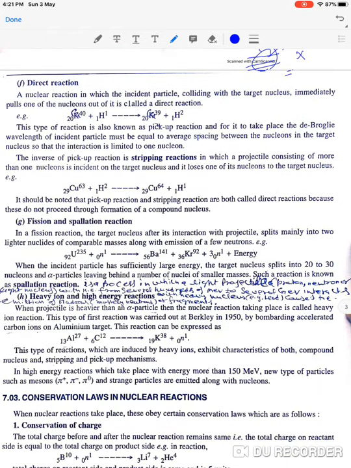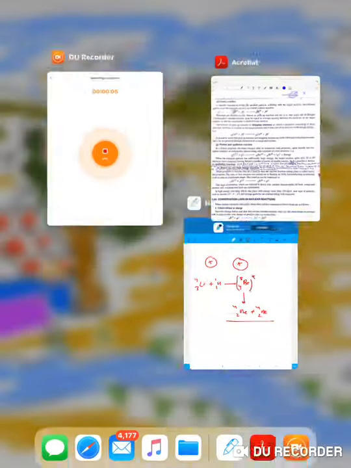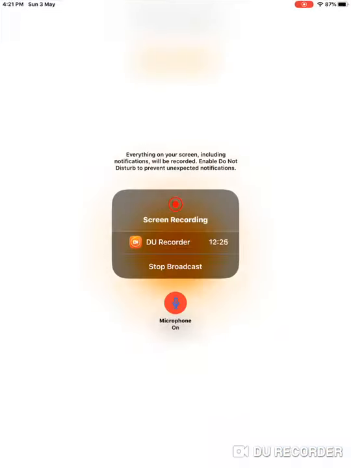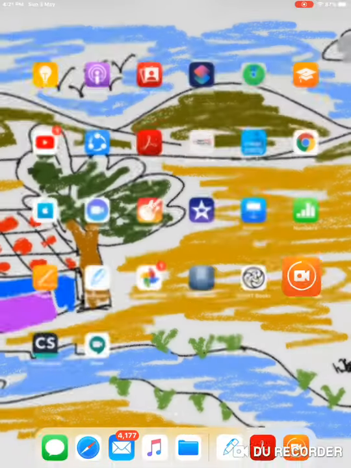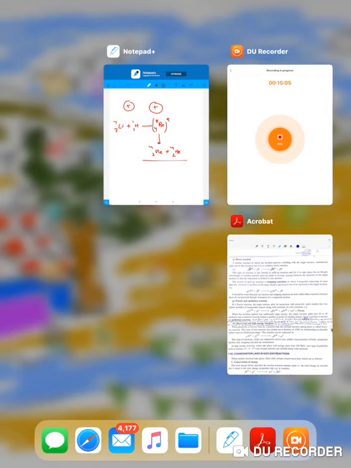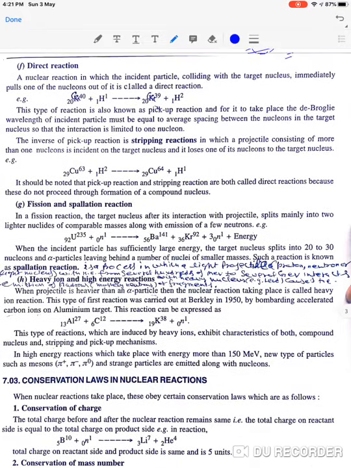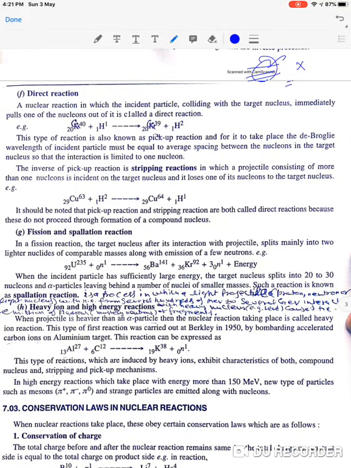Now the next reaction is the direct reaction. In this reaction, the incident particle collides with the target nucleus and immediately pulls the nucleons out of it, and it is called a direct reaction.